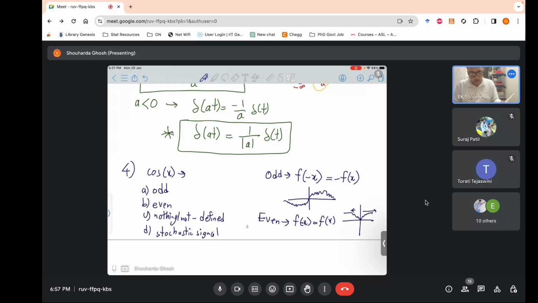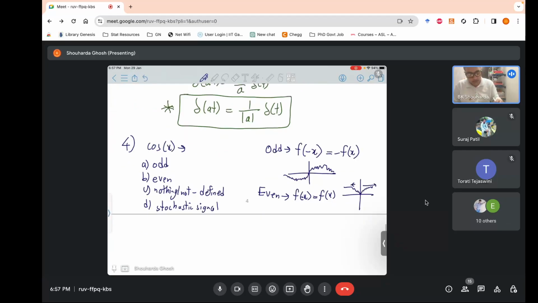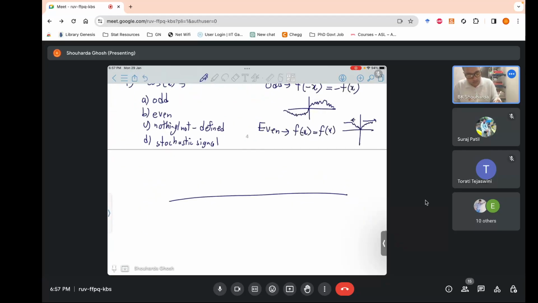So for cosine x, as you very well know, cosine x looks something like this. It has its peaks at 0, 2 pi, and other even multiples of pi.